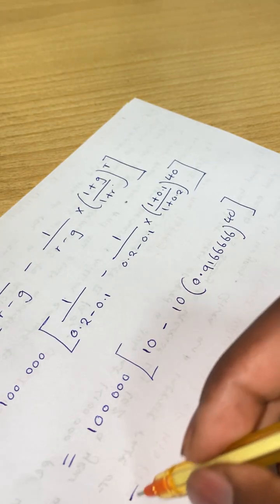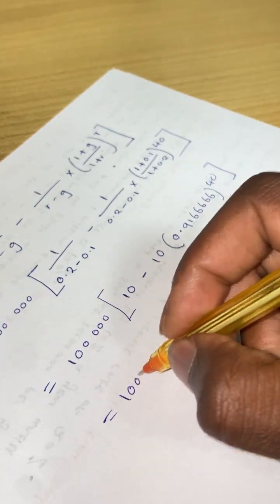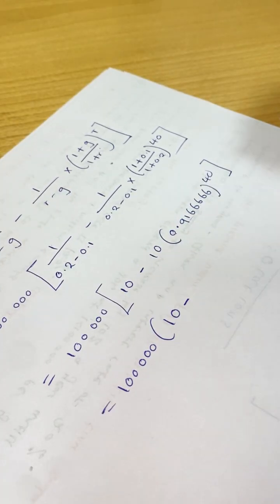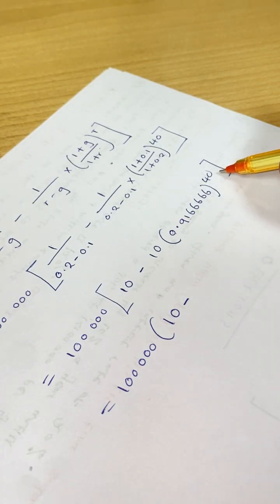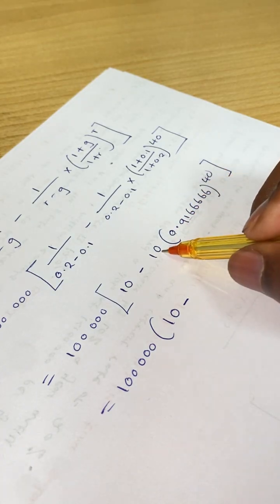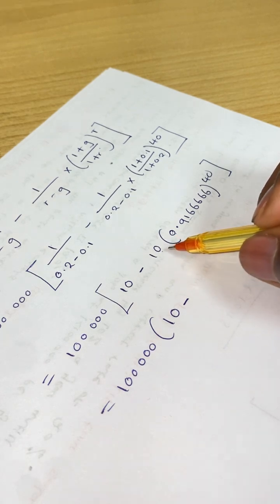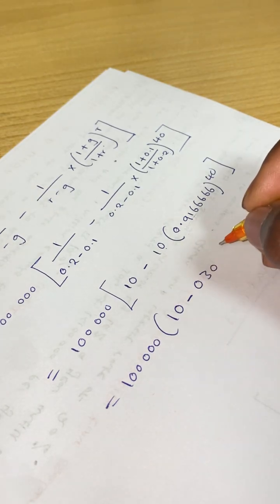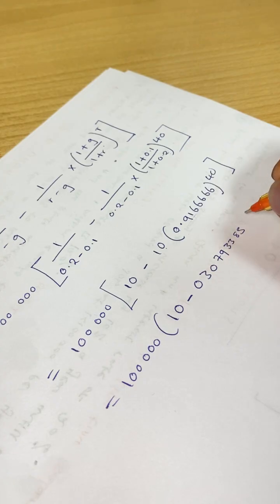Okay, so you can continue by saying 100,000, then here I have 10 minus. When I do what is in the brackets to the power 40, then I multiply by 10. When I do that, it's giving me 0.00307933385.